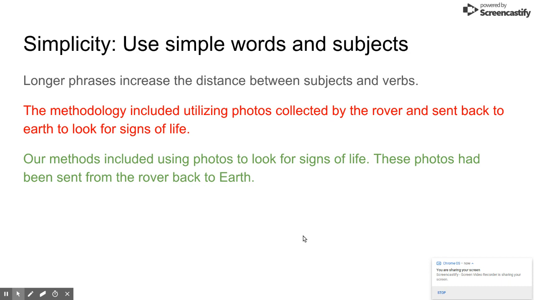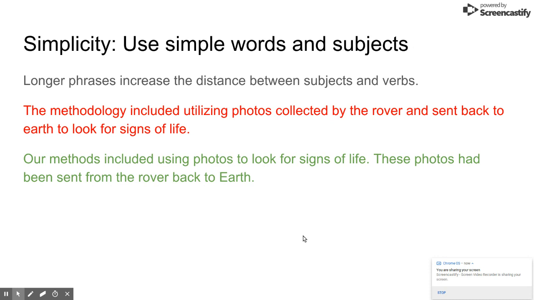Also, use simple words and subjects. So longer phrases are going to violate some rules from that first part of subjects and verbs in that they're going to increase the distance between the two. So some people might think about using methodology or utilize instead of methods and use, but just get rid of it. The methodology included utilizing photos collected by the rover and sent back to Earth to look for signs of life.